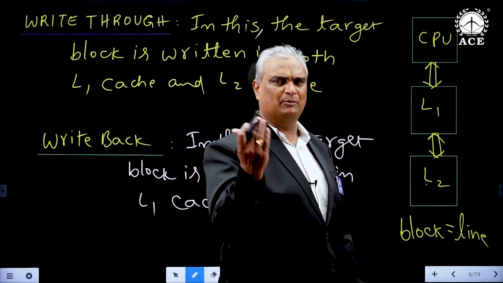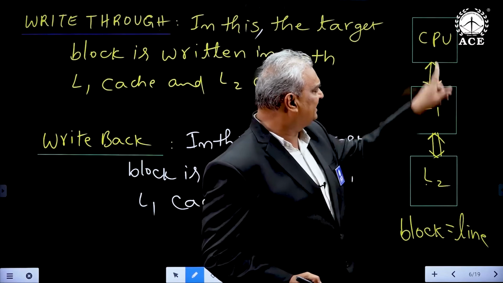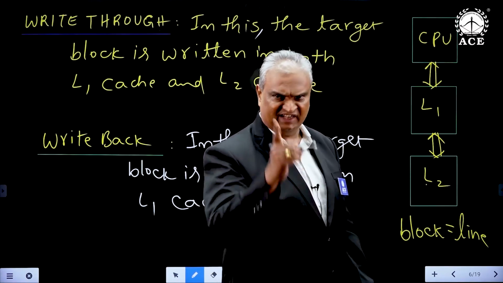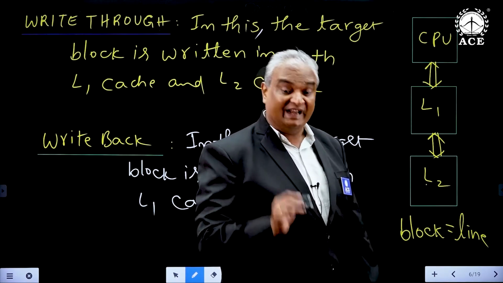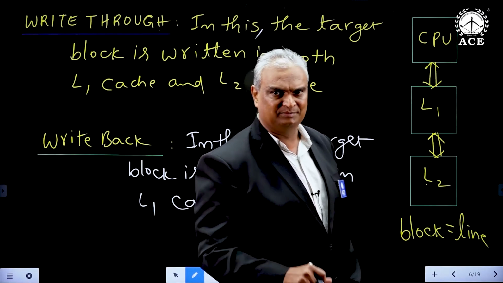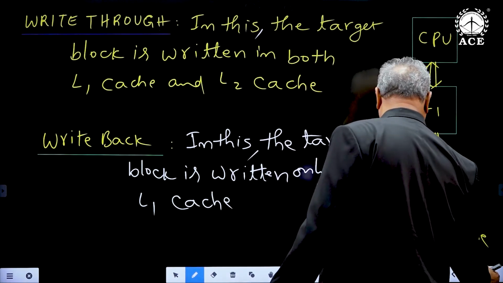Once again, what about write through? While performing the writing operation, if that block is placed in L1 and L2 simultaneously, it is write through. If that block is placed only in L1, it is nothing but write back. Clear?